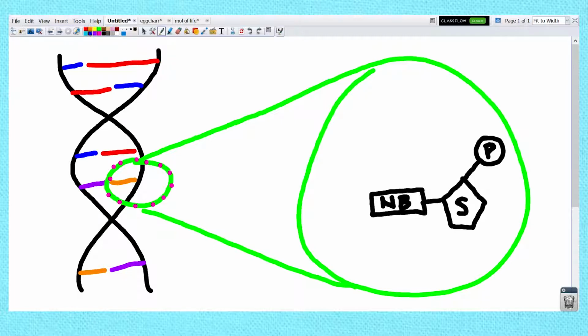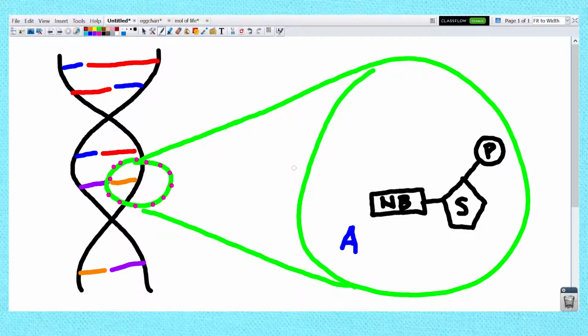Let's say that blue is going to be our A. I don't really mind if you just know the letters. However, if on a test or on whatever you're doing, they say, hey, we're talking about adenine, you have to understand that the A in adenine is talking about the nitrogen base. So A is adenine. Look at our picture. The blue is always going to bond with the red.